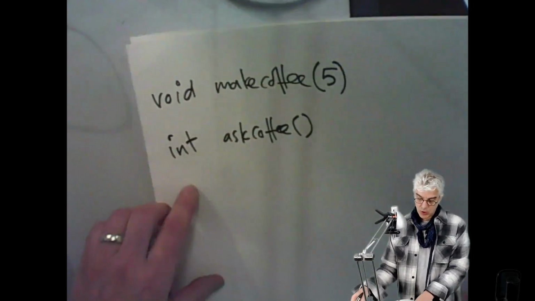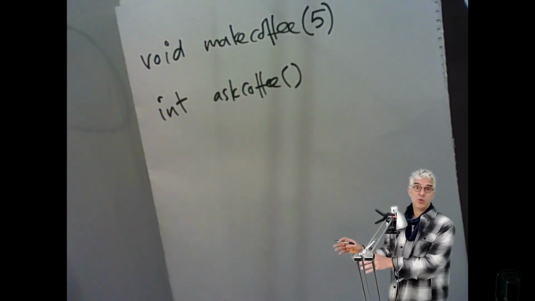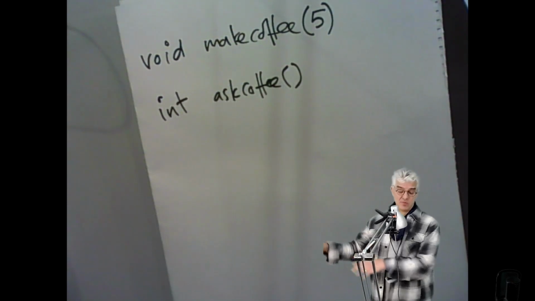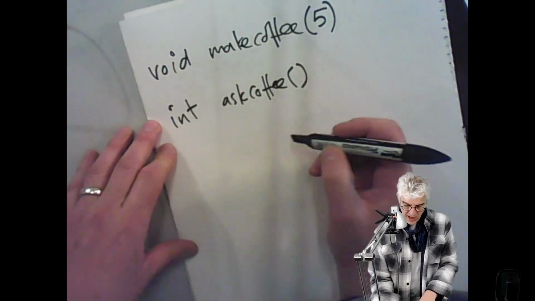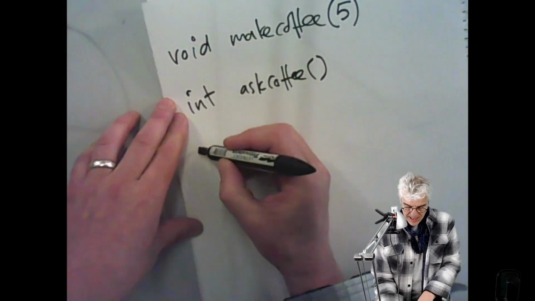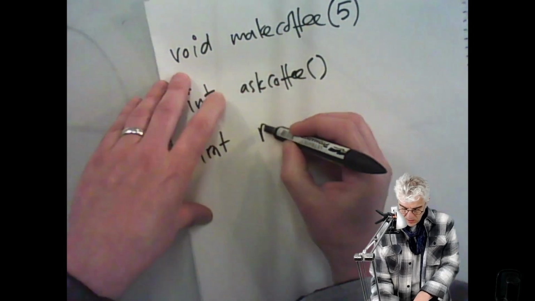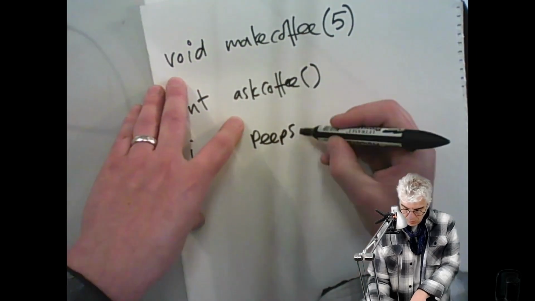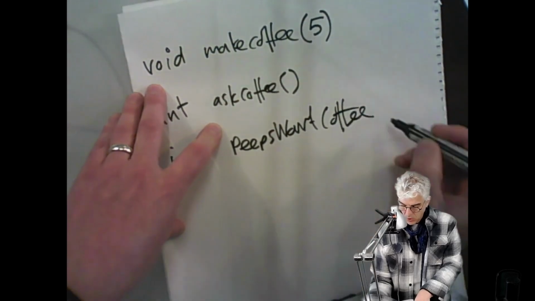And what I could do is actually I could concatenate this. I could say, ask how many people want coffee, and then make coffee for that number of people. So one way is I could say integer peeps want coffee.